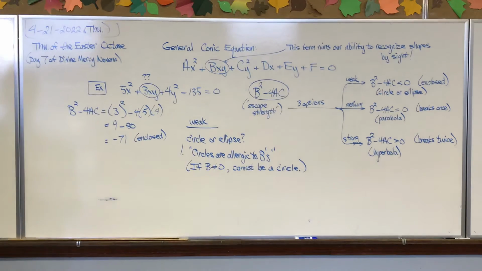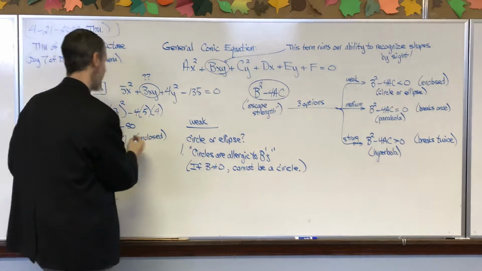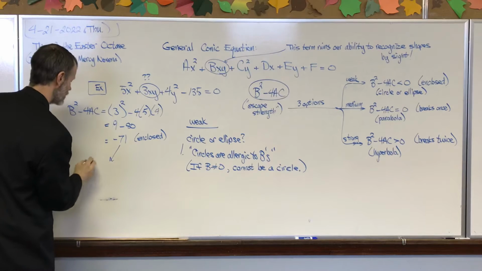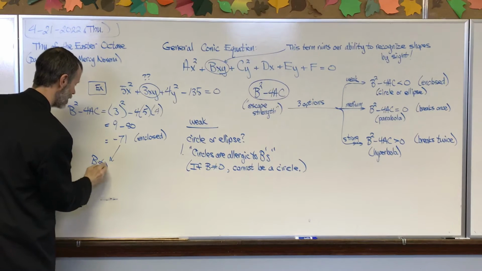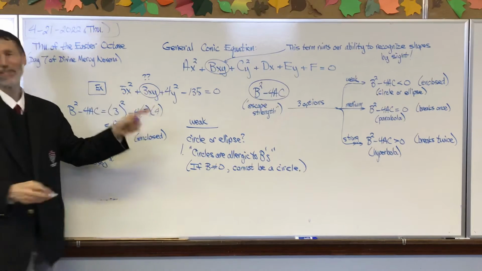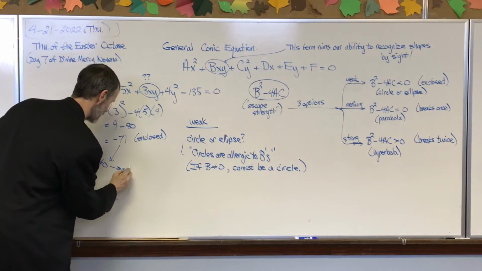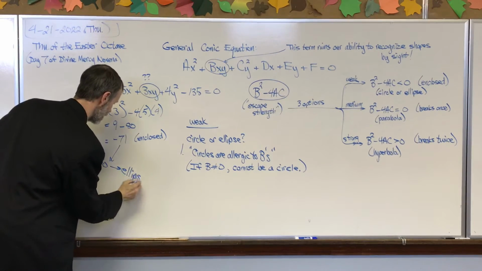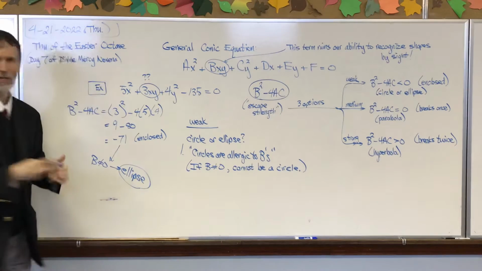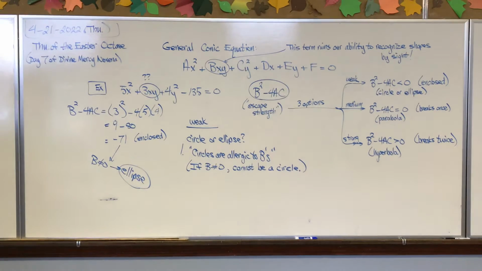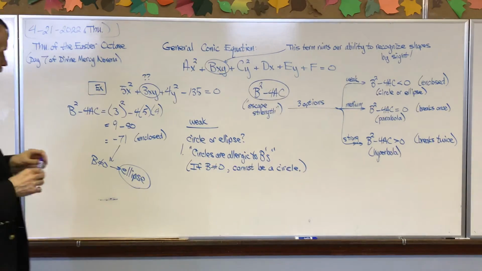What shape is this? Gotta be an ellipse. This thing has to be an ellipse. So B is not 0. Circles are allergic to bees, and there's a bee, so the circle is going to run for its life. That means this thing has to be an ellipse. That's actually going to be the answer you put on your paper, and you're done. All you need to find is what shape this thing is. Okay?